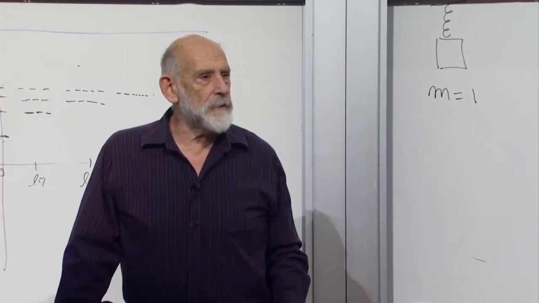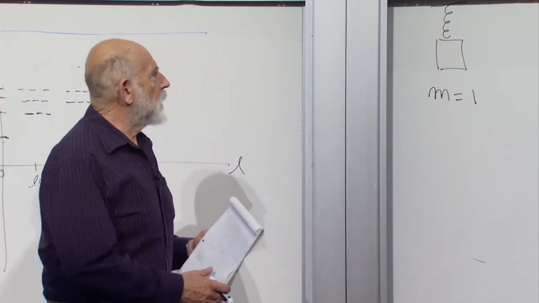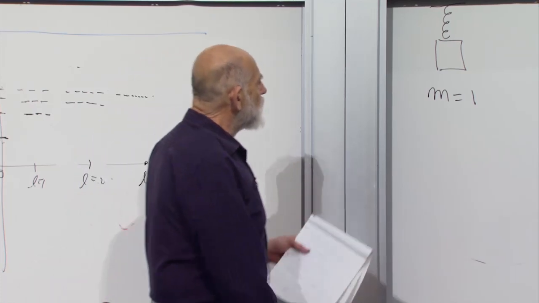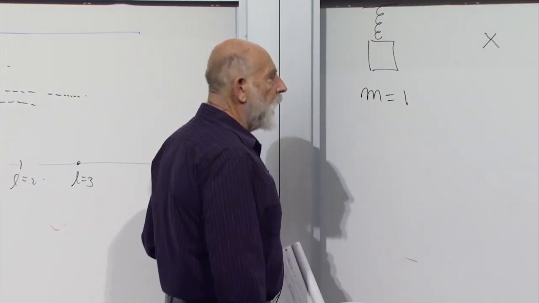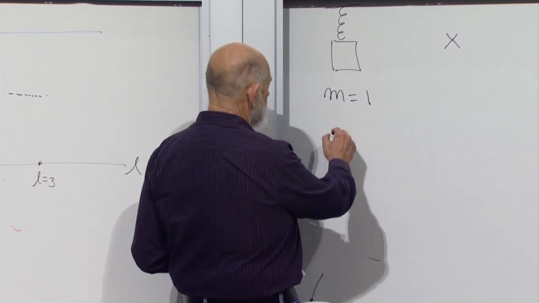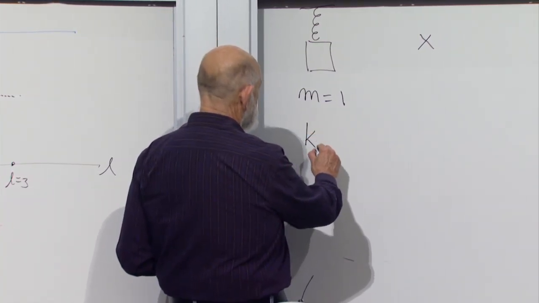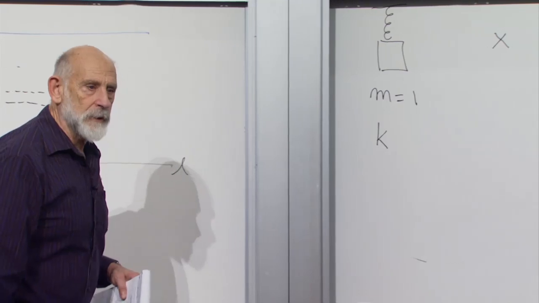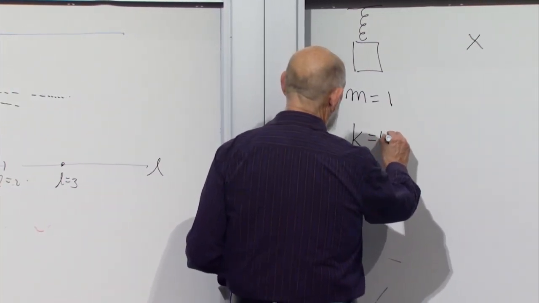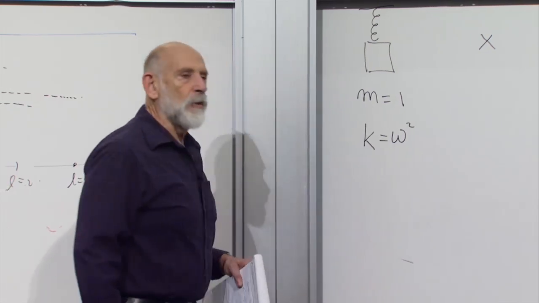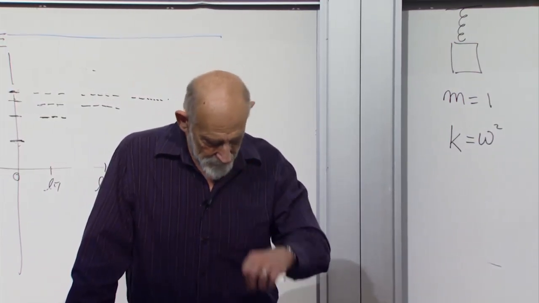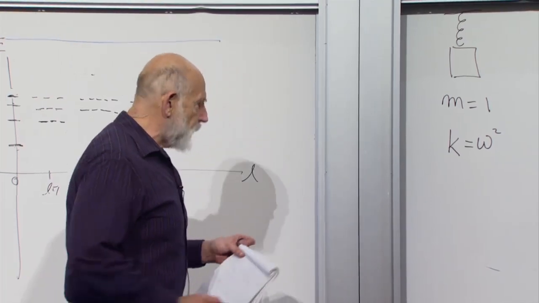It's a little exercise to do it, but there's nothing new. Nothing new happens. So the mass is 1, and the spring constant, K is the standard terminology for a spring constant, we'll call omega squared. We're going to find out in a moment that omega is the frequency of oscillation. Okay. But the spring constant is omega squared.